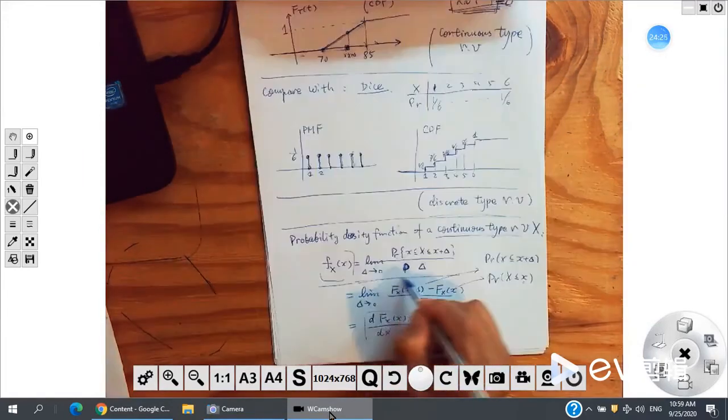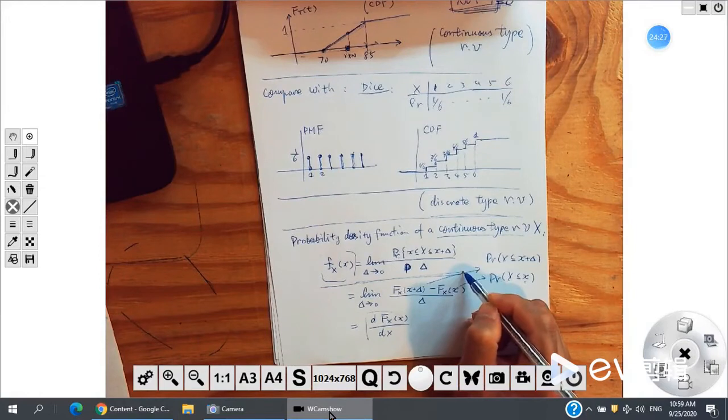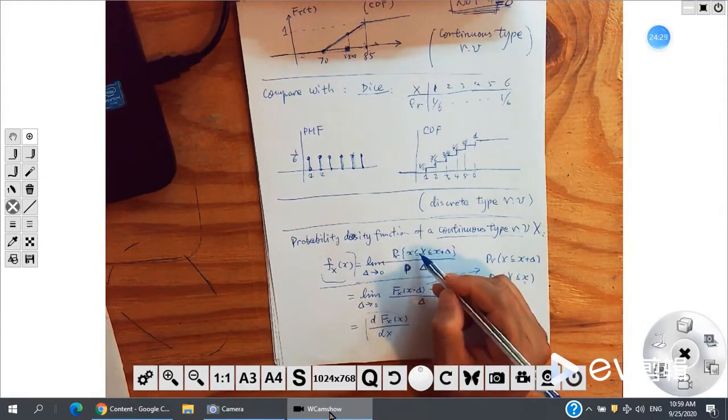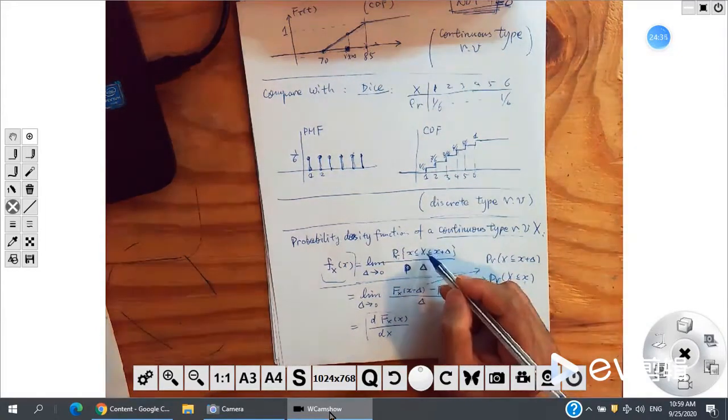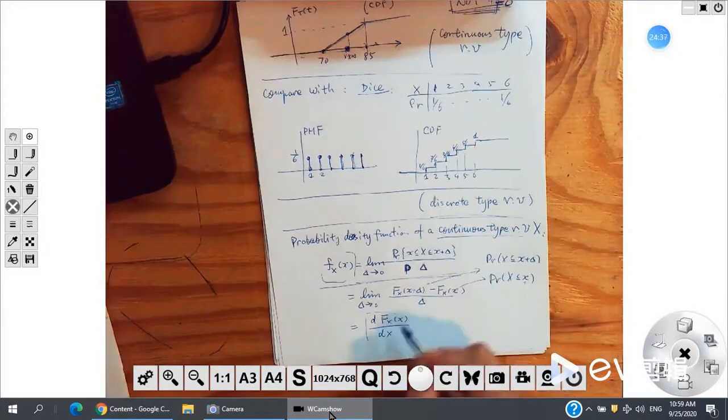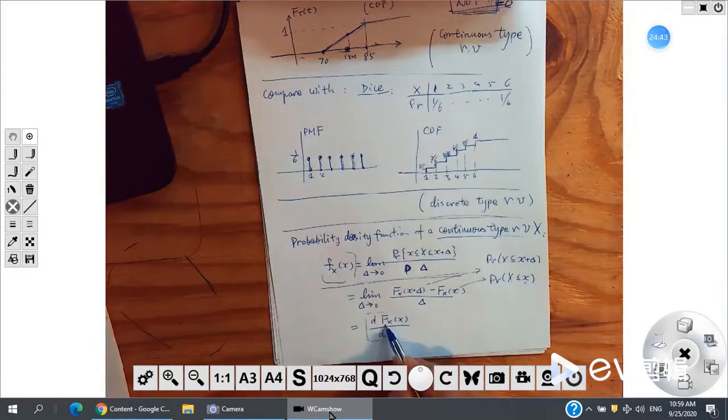This is a kind of definition. So what is density? The probability of that interval divided by the length of the interval. We call this the density. Makes sense. So this is just the derivative of the CDF.